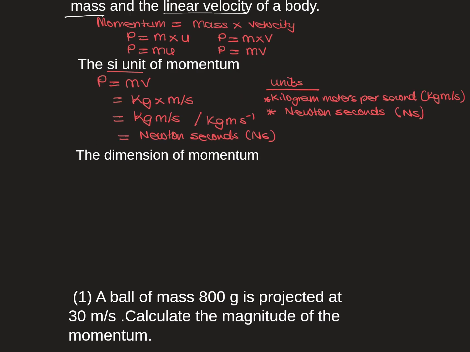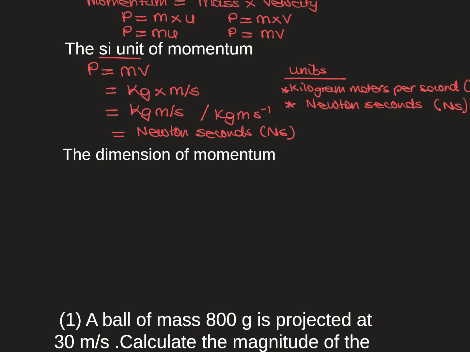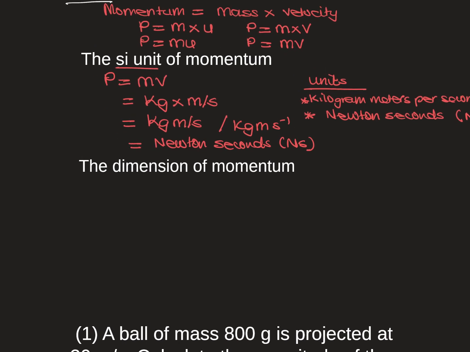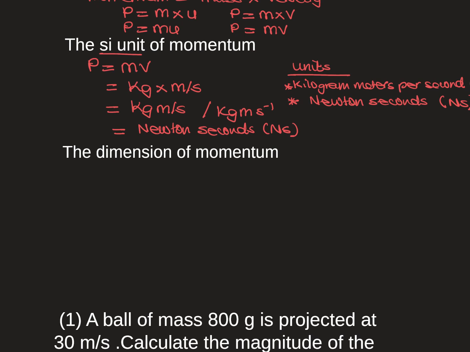So how do we state the dimension of momentum? The unit, we said, is kilograms meters per second. So kilogram is referring to mass, okay? Meters is referring to length, and per second is referring to time.